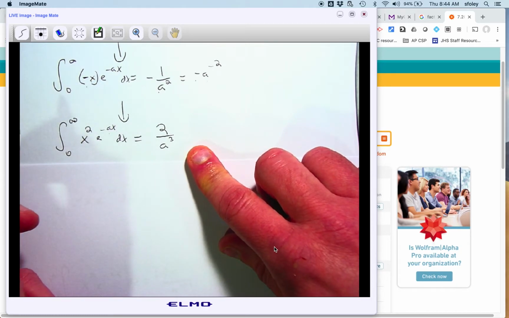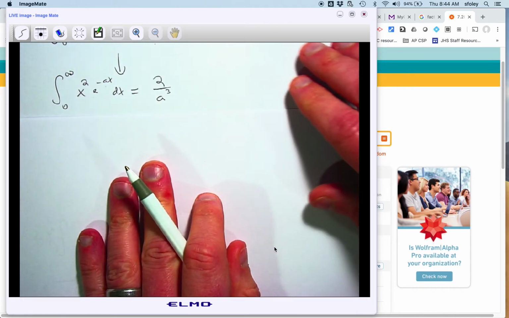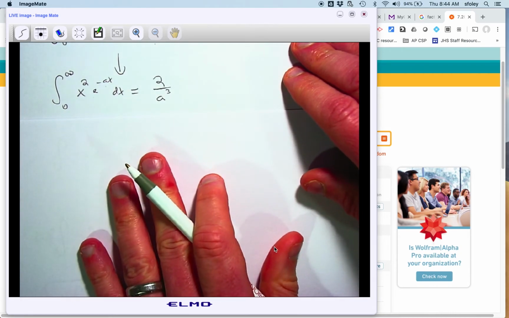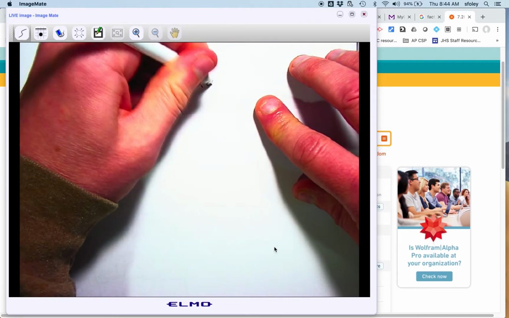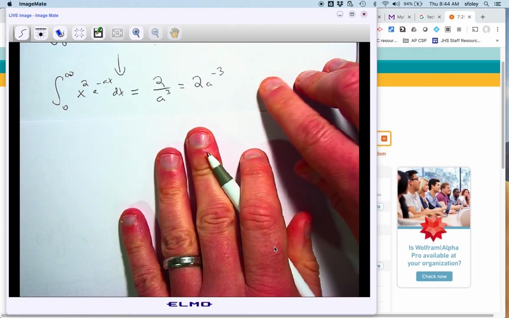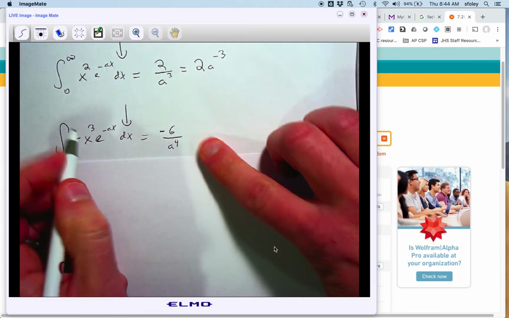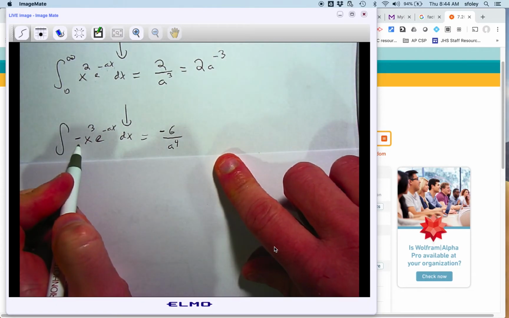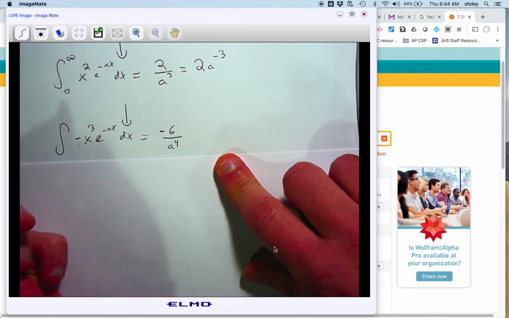So the negative goes away. Might be a little hard to see where this is going, but the payoff will be worth it, believe me. And so now the derivative of 2 over a cubed, that's 2 times a to the negative third. And so that negative 3 comes down and I get negative 6. New power is negative 4. And over here you see the pattern. The negative comes back in, and the power has gone up on x again because I multiplied by x.